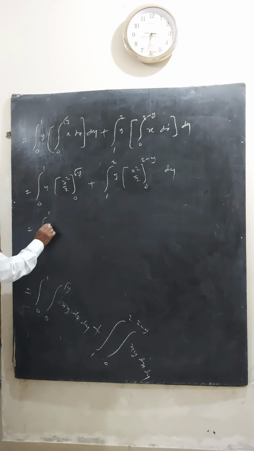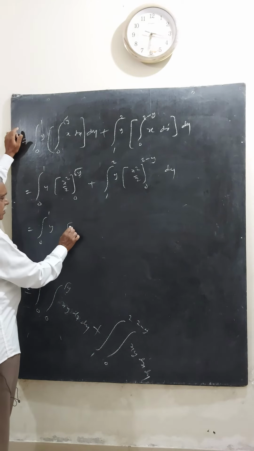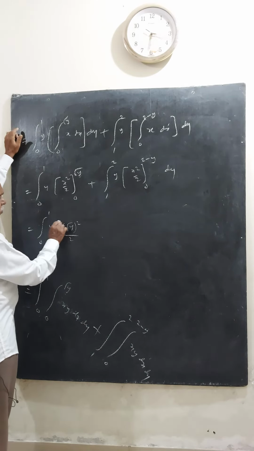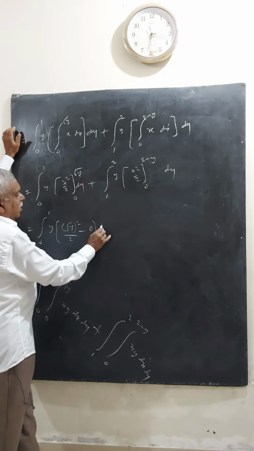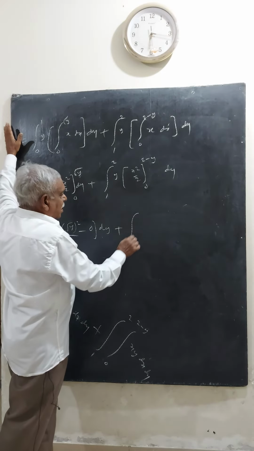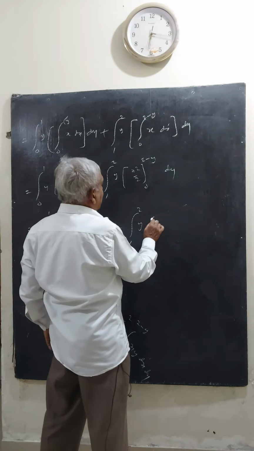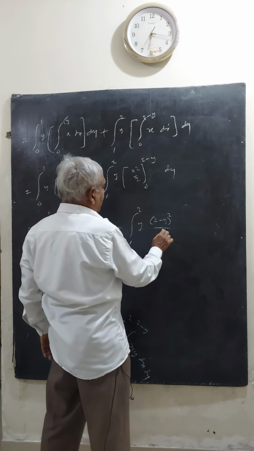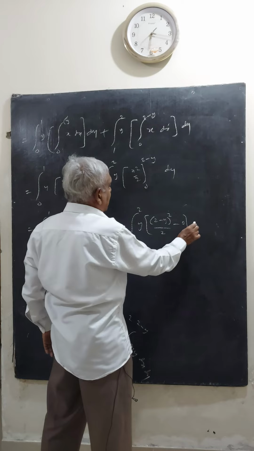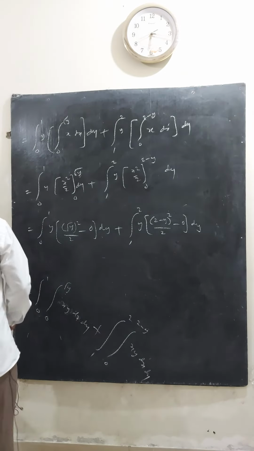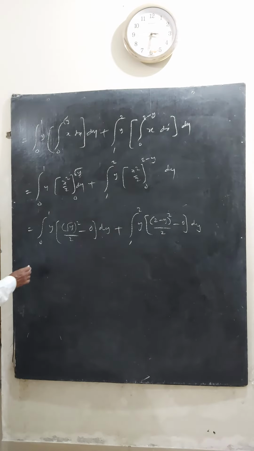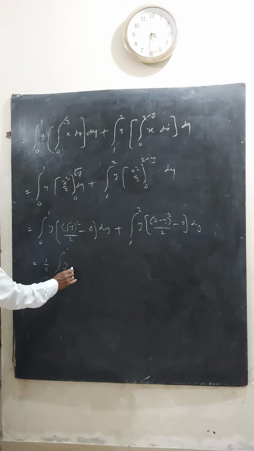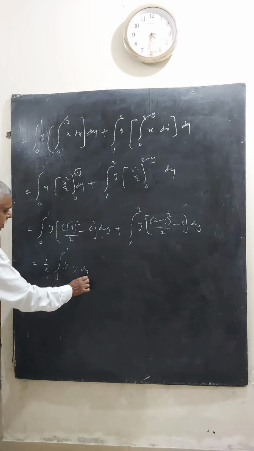Again 0 to 1 y. Apply the upper limit: root y whole squared by 2 minus lower limit 0 by 2, dy.